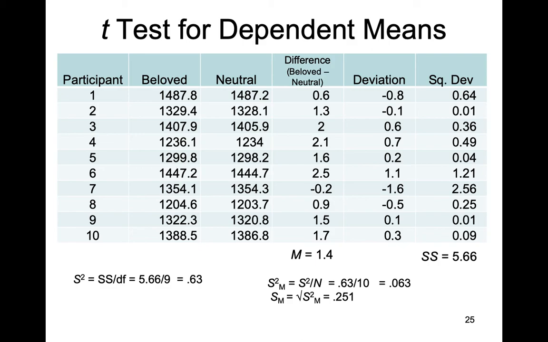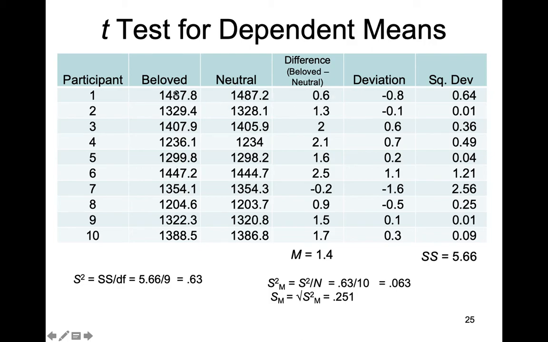This is also reported in the text. What you can see, the numbers here reflect brain activation, and so we can interpret larger numbers as reflecting more brain activation. So here are the 10 participants, and the difference score is calculated as the difference between viewing a picture of their beloved minus neutral.